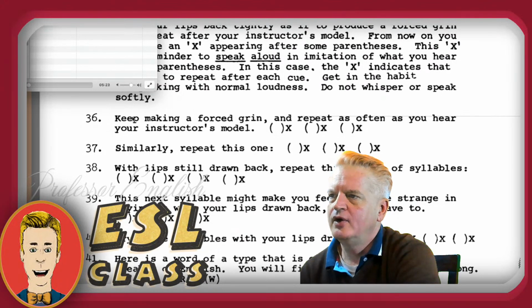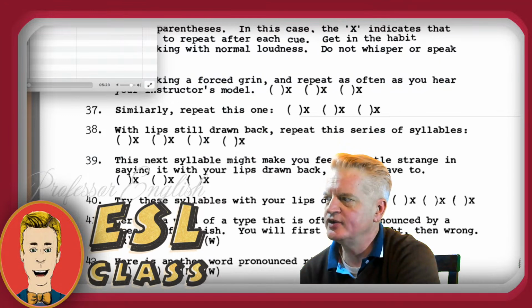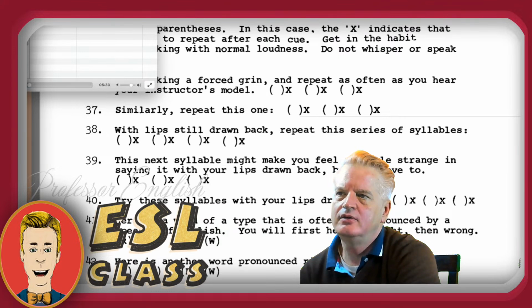38. With lips still drawn back, repeat this series of syllables. Wie, the. Geht, gate. Sie, the. 39.